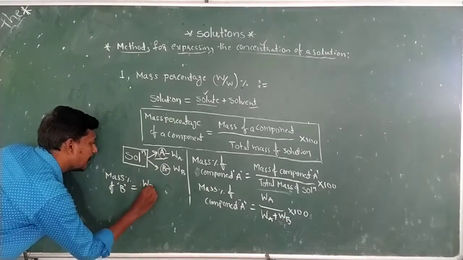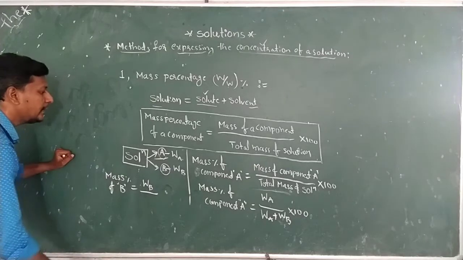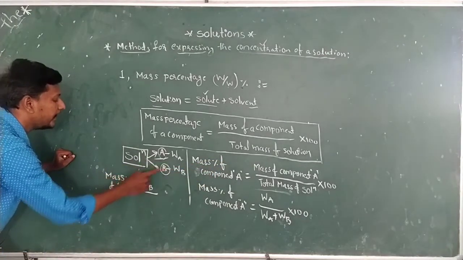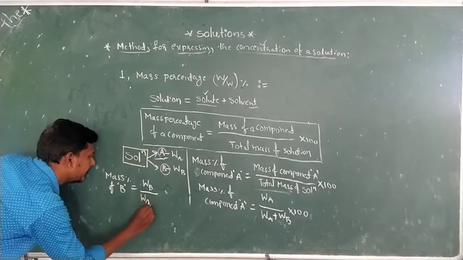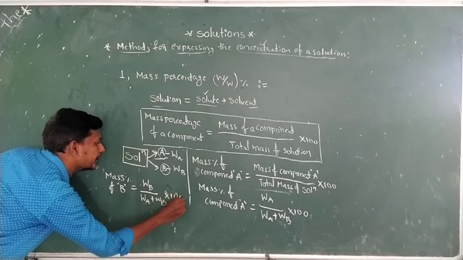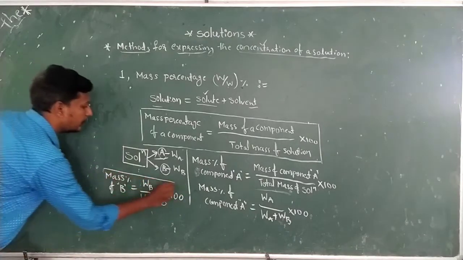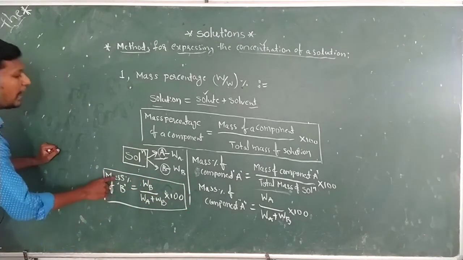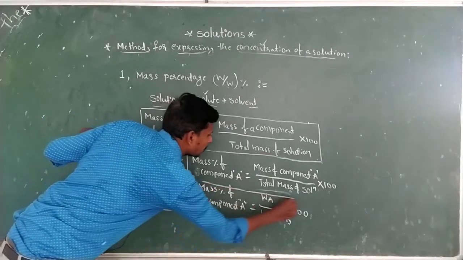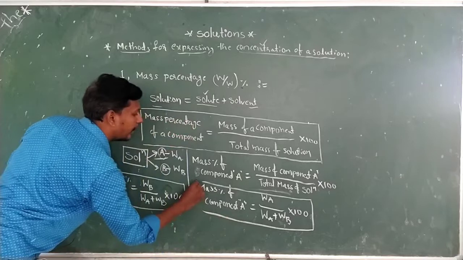Here I am writing the mass of component B, by what? Total mass of the solution. Total mass of the solution means mass of A and mass of B. Mass of A component, mass of B component, into 100. Okay? Into 100 gives the mass percentage of B, and similarly it gives the mass percentage of the A component.